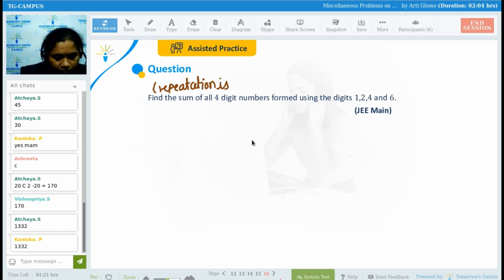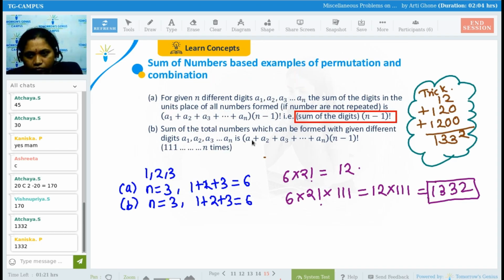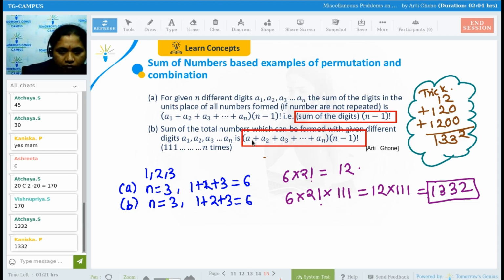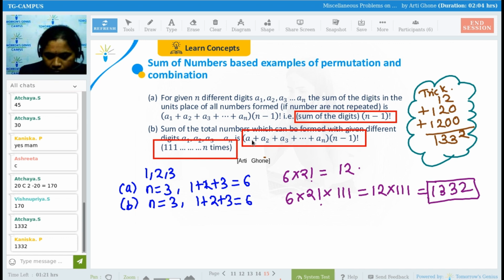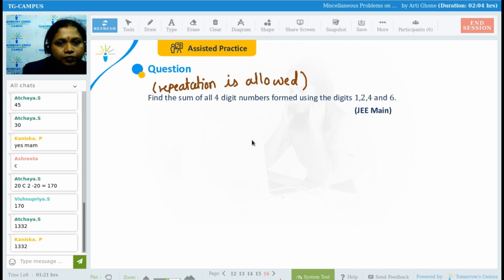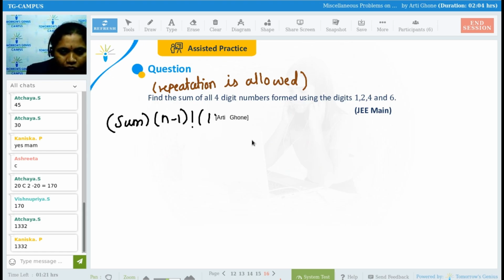That is case B. What is the formula? Sum into n minus 1 factorial into 1111, n times.